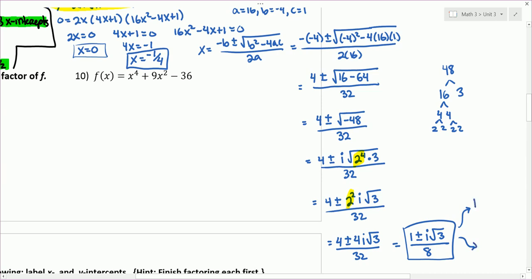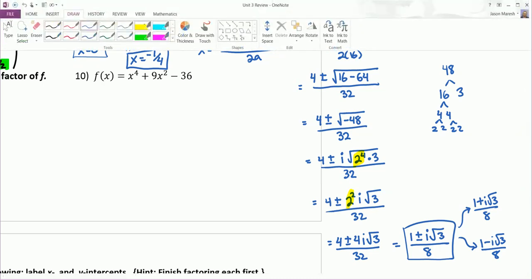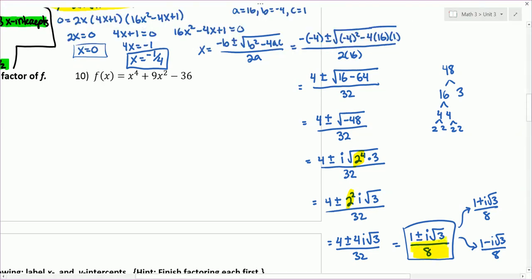So this is really 1 plus i root 3 over 8 and 1 minus i root 3 over 8. Just know there's 2 distinct roots, but we tend to just group them together. So what I highlighted here is the way we're going to write it, but don't forget that plus or minus indicates there's two of them.